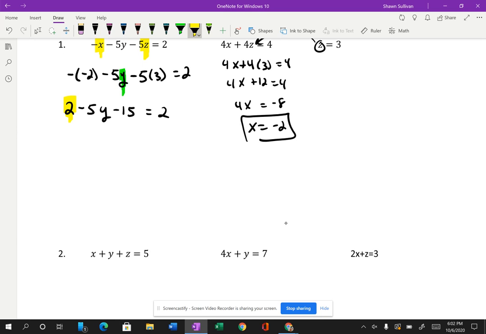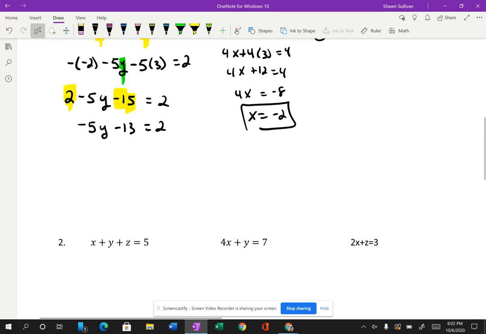So I can combine some like terms here. 2 minus 15 would be negative 13. So this simplifies to negative 5y minus 13 equals 2. And I'm going to add 13 to both sides, and we get negative 5y is equal to 15.